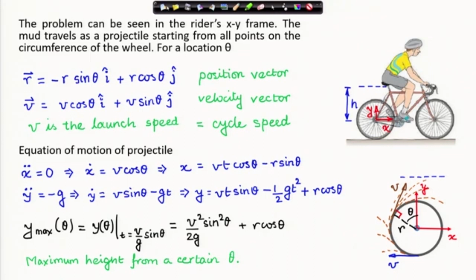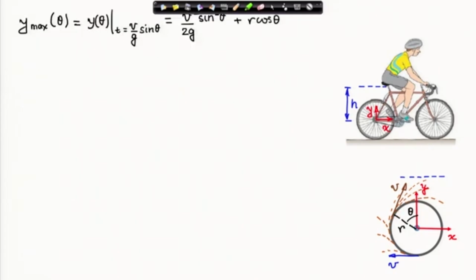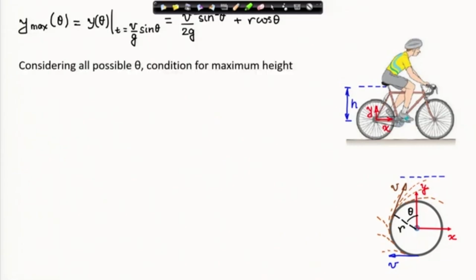Now, what I want to find out is which theta will actually give me this maximum height. So, I have the maximum height of a mud particle starting from theta. Now, from different theta values, I have different mud particles starting. Which particle will reach the maximum height? To do that, I will differentiate y max as a function of theta with respect to theta and put it equal to 0.